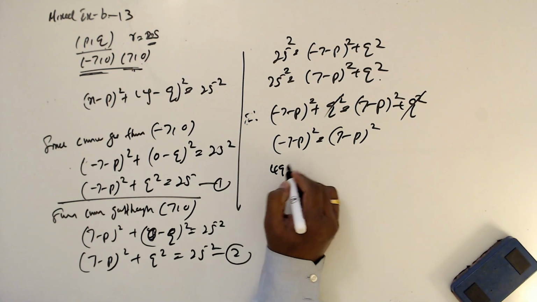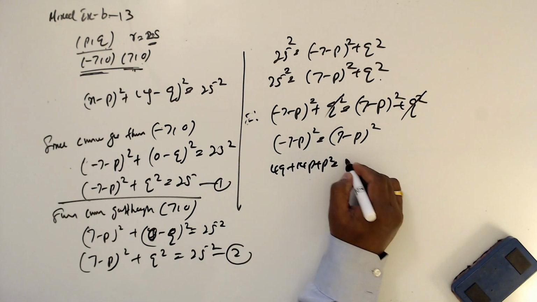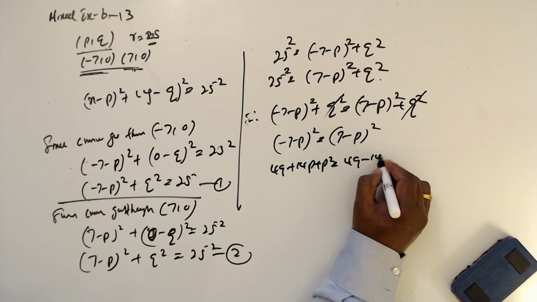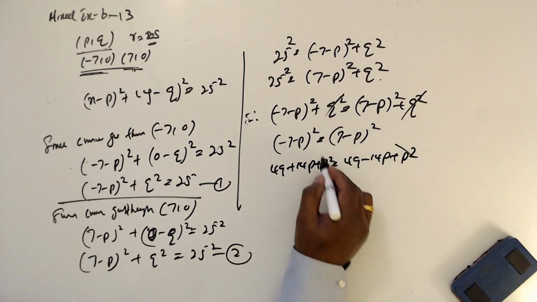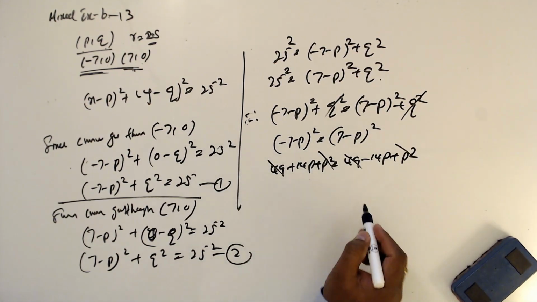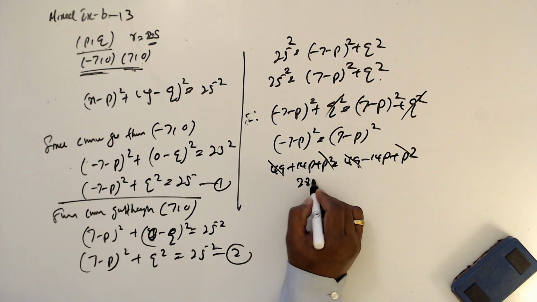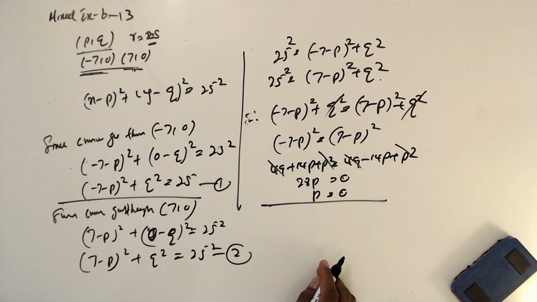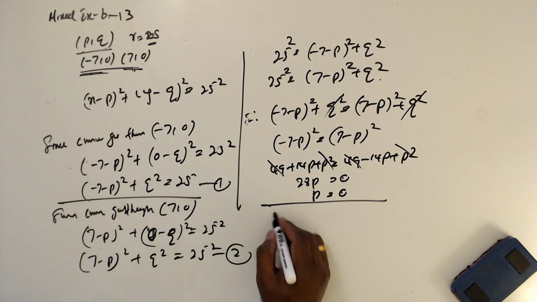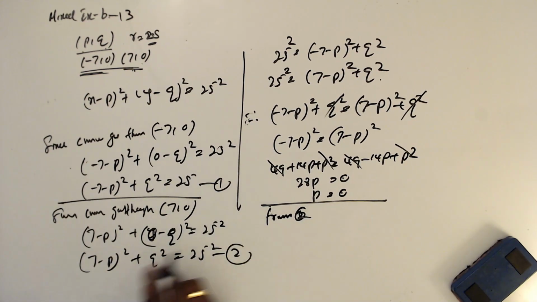This is going to be 49 plus 14p plus p squared, and this is going to be 49 minus 14p plus p squared. So the p squared cancels out, and the 49 cancels out. 14 plus 14 is 28, so 28p equals 0. p equals 0. Now we know the p value.